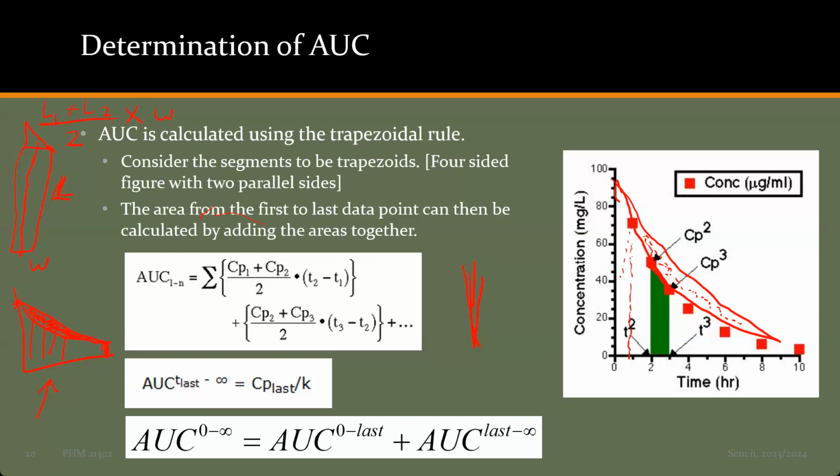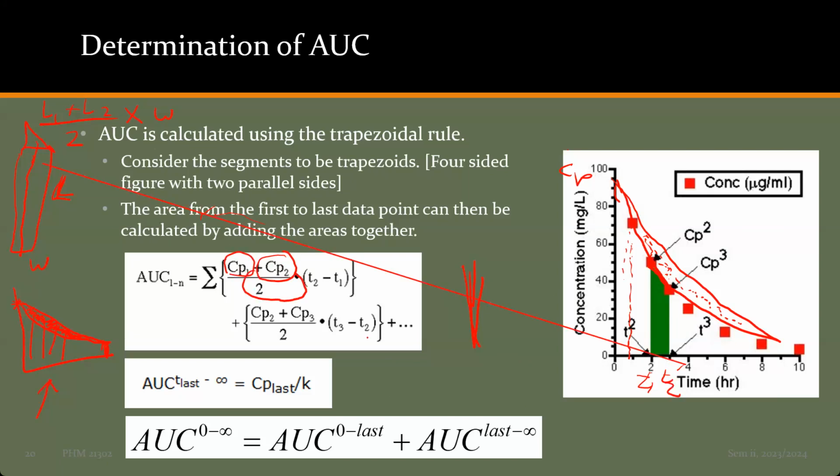Okay, so what is the length here? The length is the y-axis. Y-axis is the CP. So it is CP1 plus CP2 divided by 2. Okay? And then what is the width? The width is, say, for example, here T1 and the end of the trapezoid is T2.